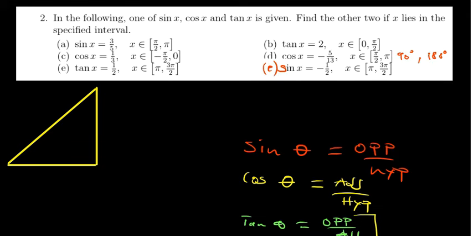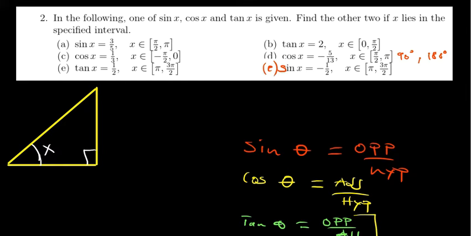The basic idea there tells us that the side which is expected to be negative is the x axis, which in this case would be the adjacent if we take this one to be the x.